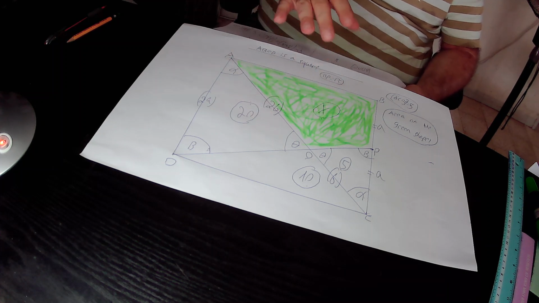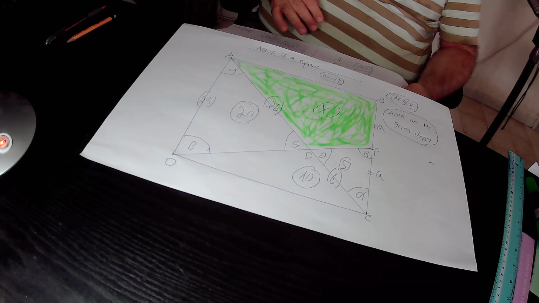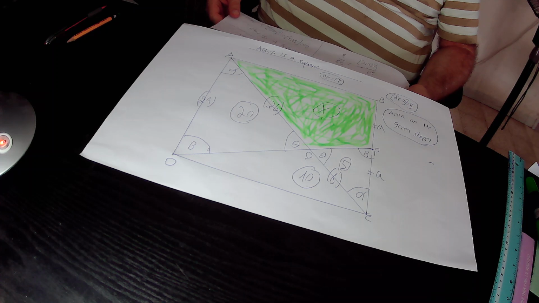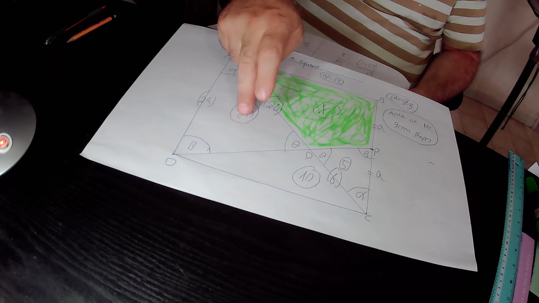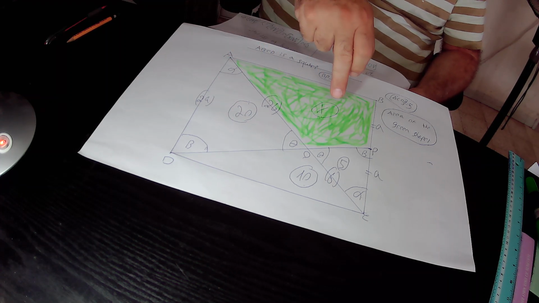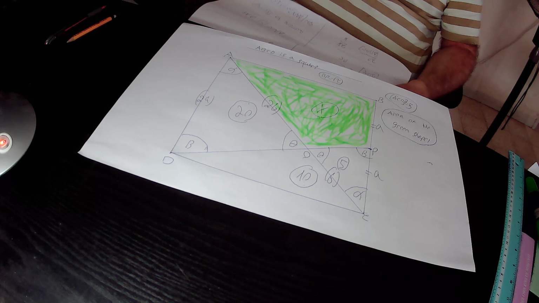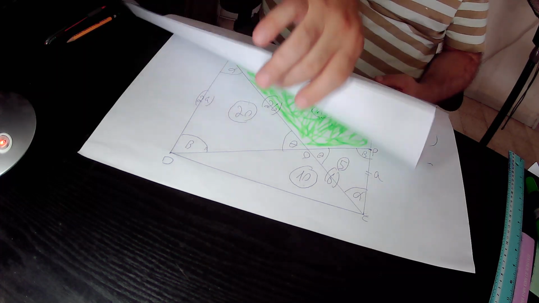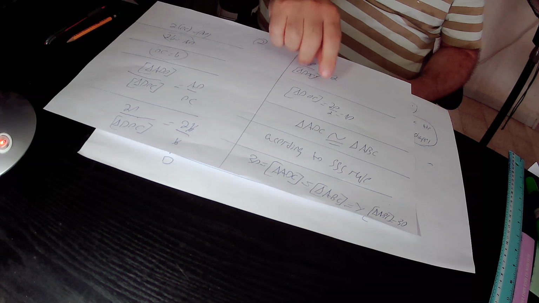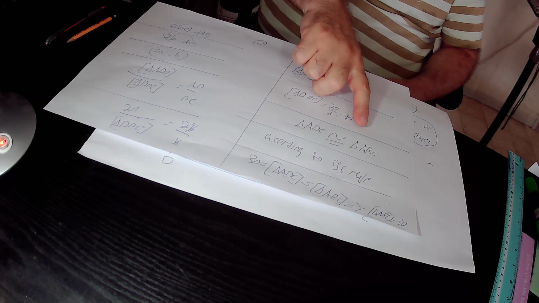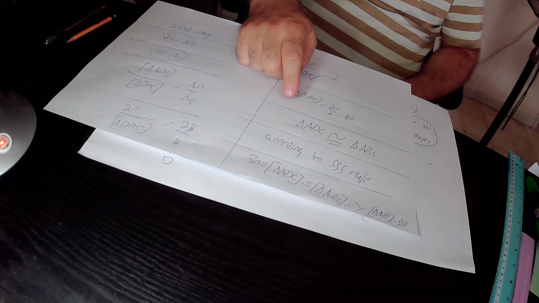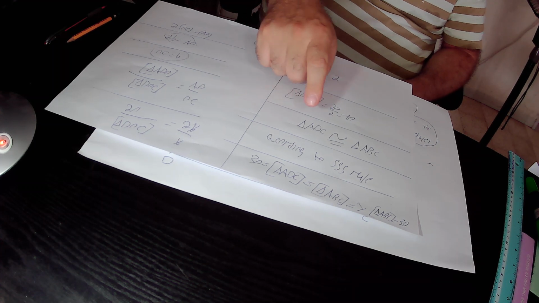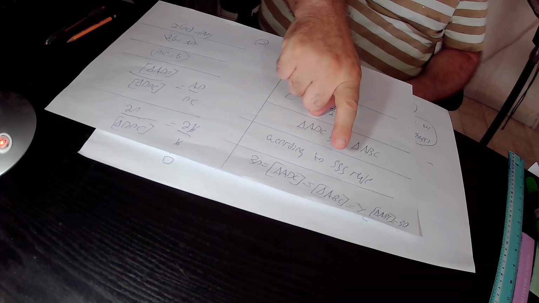So those two triangles are congruent to each other according to the side rule. And from the fact that they are congruent, we derive that the area of triangle ADC is equal to the area of triangle ABC.